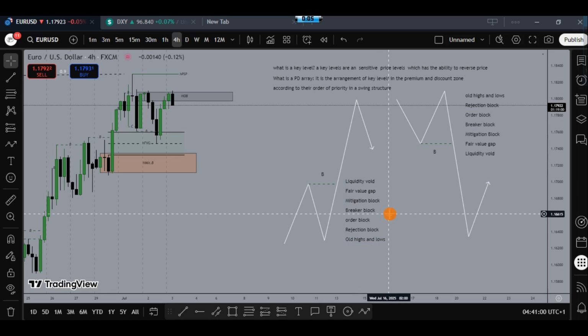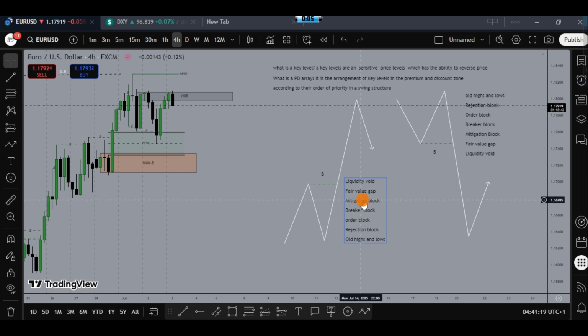Okay. I know you'll be wondering what is fair value gap versus liquidity void, what is mitigation block. I'm going to show you, maybe not in this video, but the idea of this video is just to let you know the ICT key levels, or PD arrays.